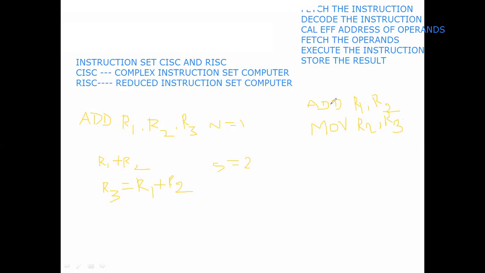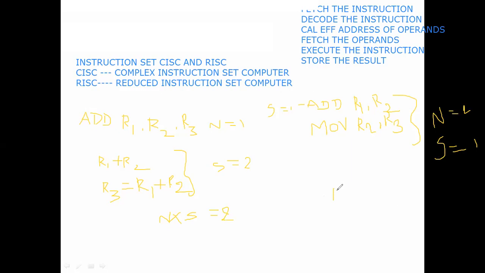That means in this instruction S equals 1, and for this instruction also S equals 1. So for getting the same result, how many instructions are required here? N equals 2. For each instruction, how many steps are we doing? Only one step. Here, what is N into S? For the complex case, that is 1 into 2, that is 2.